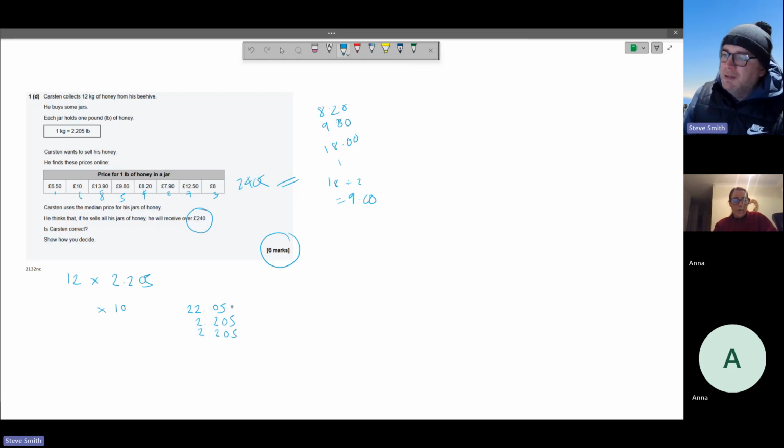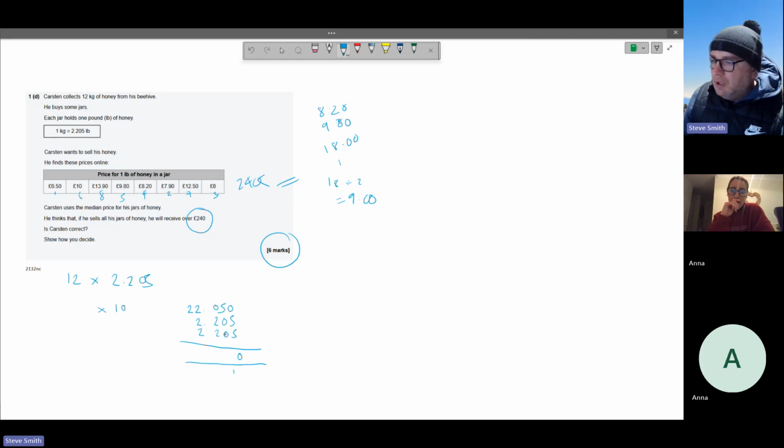I times it by 10 for my 10, and these are my 2 separate. So I know this is my weight in pounds, and that's the 0 there because that's none. Okay, and we've got 5, and that's a 6. And then we've got 2 and 4, and we've got 2, 4, 6, and we've got 2.